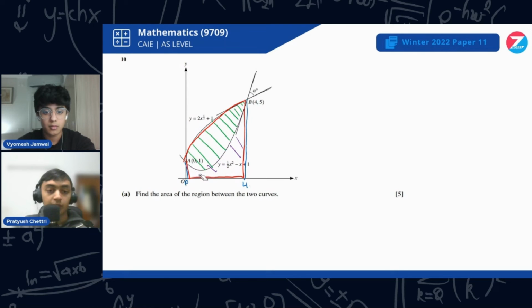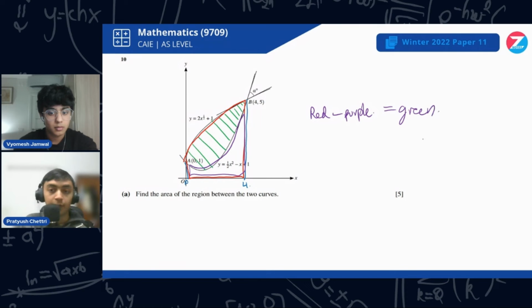Purple outline. Just going to make it smaller. Okay, so red minus purple gives green. Cool. Since they both have the same bounds, from 0 up to 4, I can combine the integrals.